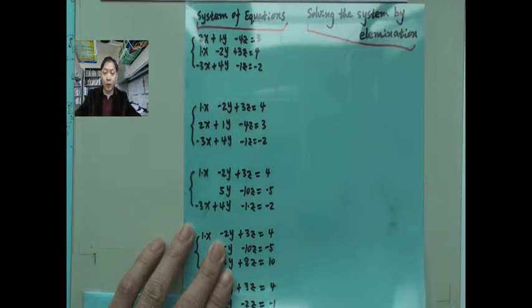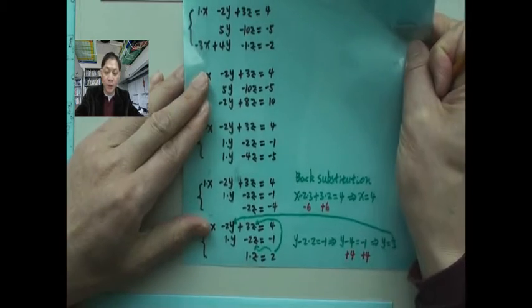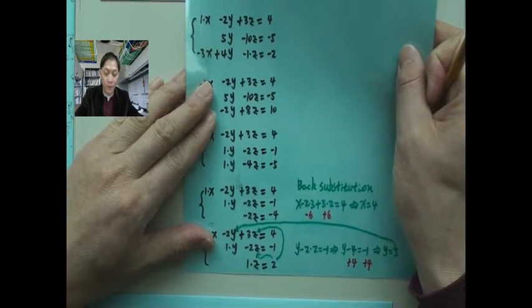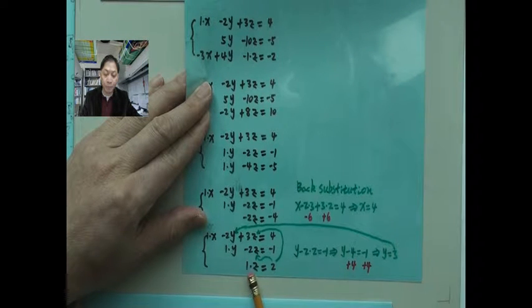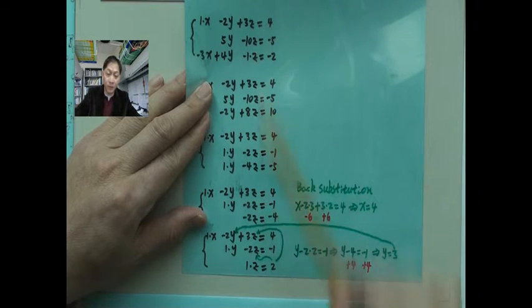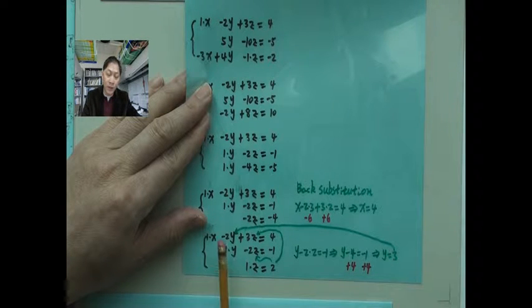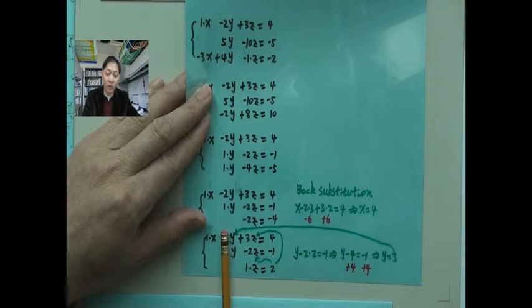Now you know, after we reached this place, here will be 1 times z is 2. So anyway, the third column is z, and then after z is the equal sign. So basically we only operate on the coefficients. We didn't do anything with y.